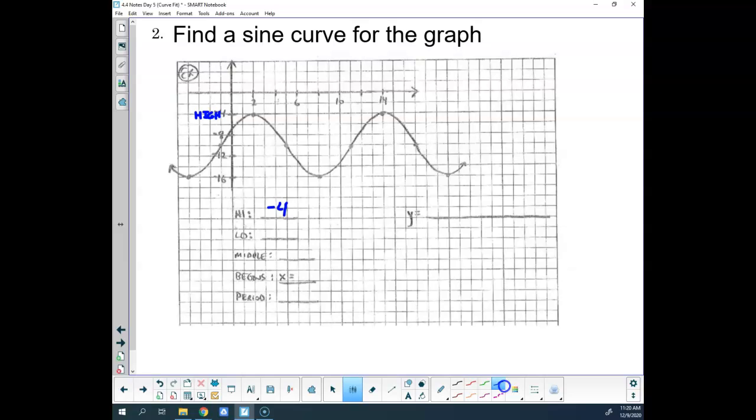Now let me move that over a little bit so we can see it. What's the low value on this graph? If you can't read it all the way up here, it's literally in front of you. -16. I love it. So that's our low down there.